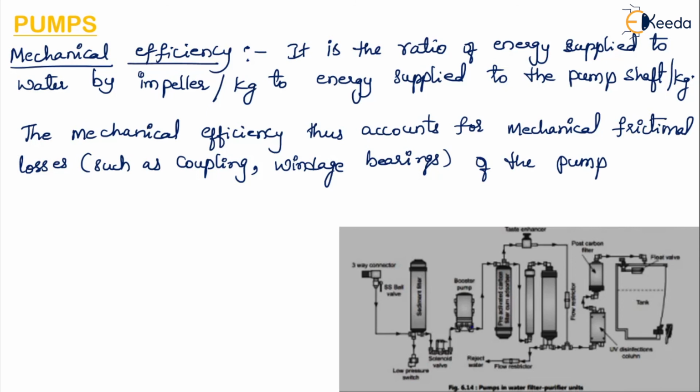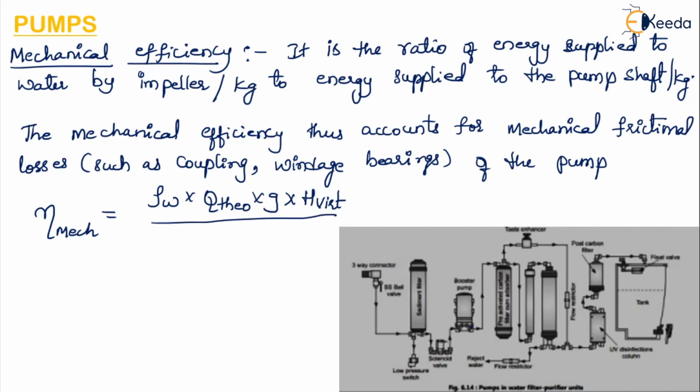So how do we write the mechanical efficiency? It is denoted by eta, and we write it as rho, that is the density, into Q theoretical, into g, that is the gravity, into H virtual, divided by the brake power.